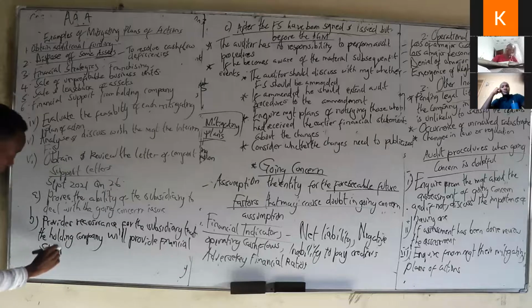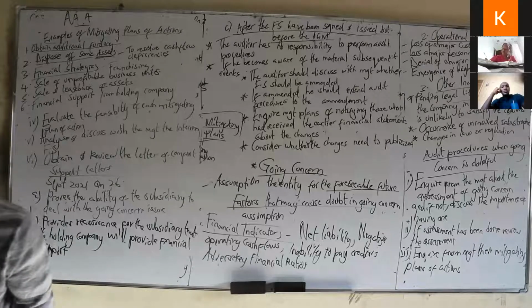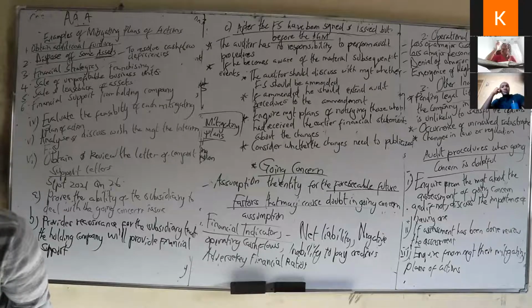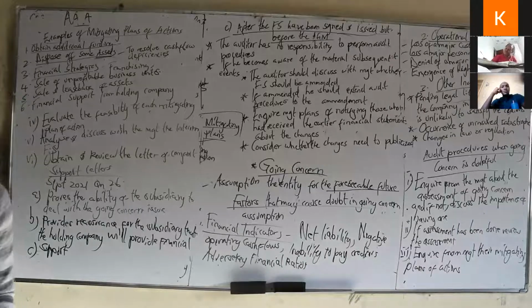And then also another importance of this support or comfort letters is that it ensures that the auditor knows that the mitigating plans of action have been set in place for the subsidiaries.